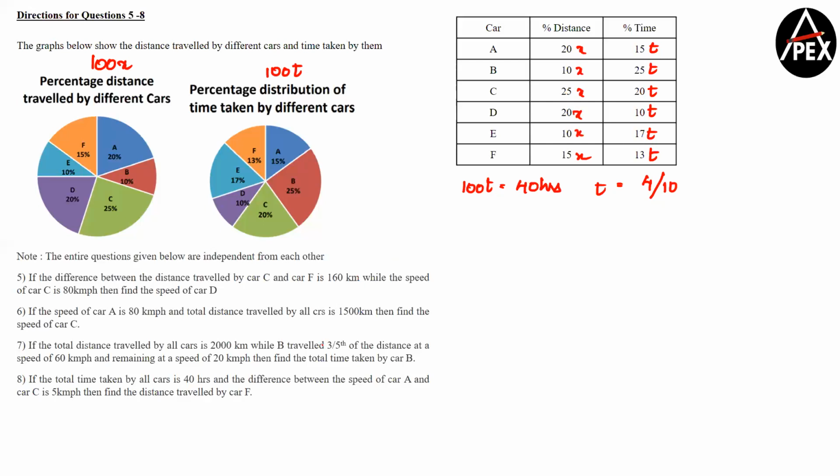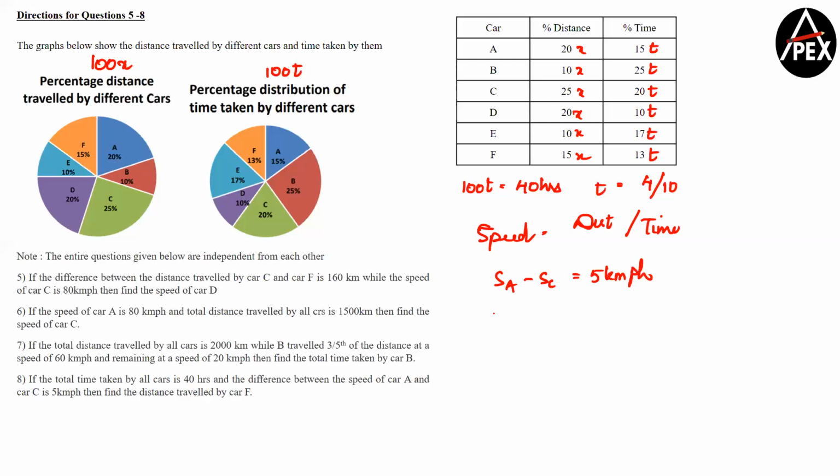Yes, it is given that the difference between speed of car A and car C is 5 kilometers per hour. Then find the distance traveled by car F. So speed is nothing but distance by time. Now it is given that the difference between speed of car A and speed of car C is 5 km/h.